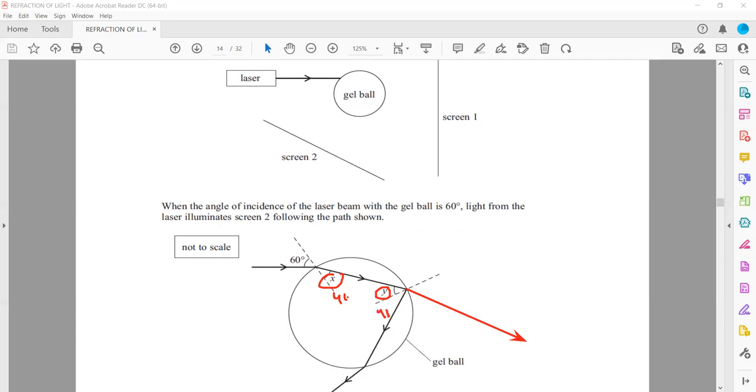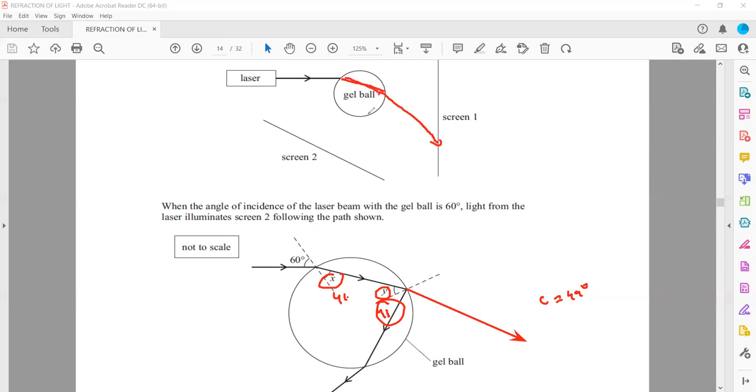So angle Y is also 41. And we worked out the critical angle, which is 49. So this angle 41 is less than the critical angle, so the light will not undergo total reflection, it will undergo refraction. So we will see it on screen 1, because screen 1 is due to refraction.